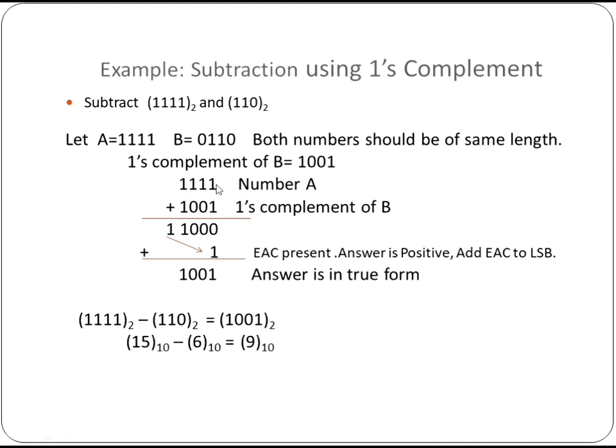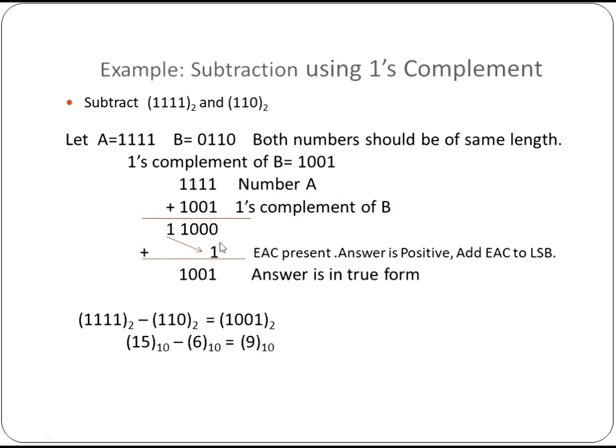Now simple binary addition. Apply these rules. You will get 1 plus 1 is 0 with carry 1, 1 plus 1 is 0 with carry 1, 1 plus 1 is 0 with carry 1, so 1 plus 1 and 1, so answer will be 11. So you will find that there is a carry, because all three are 4-bit length. This is carry. Carry means answer is positive.